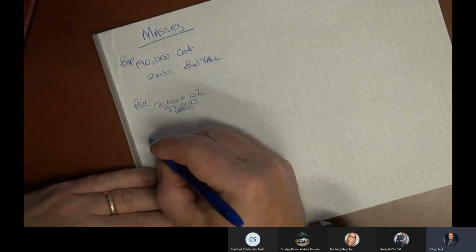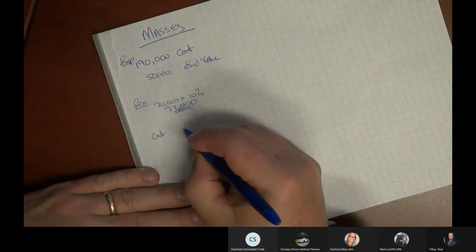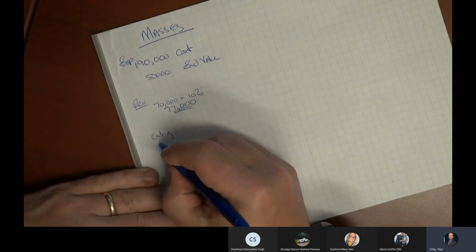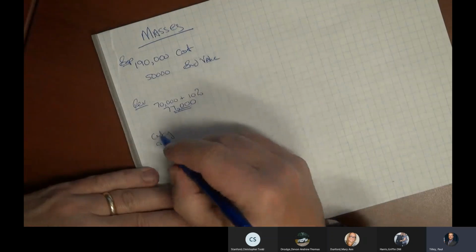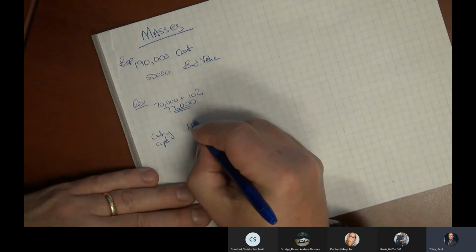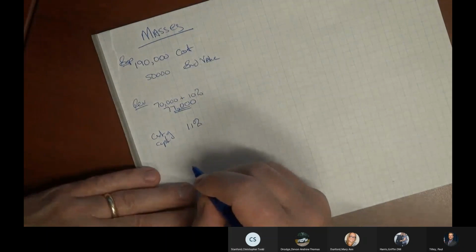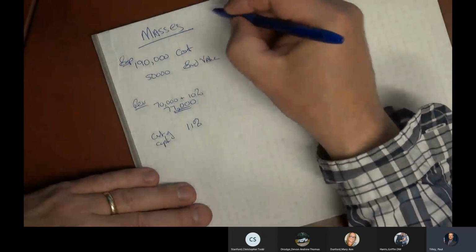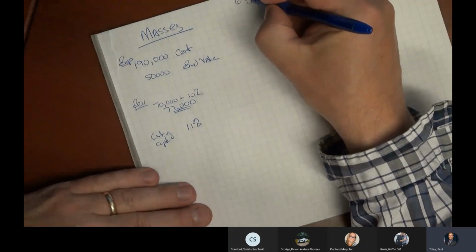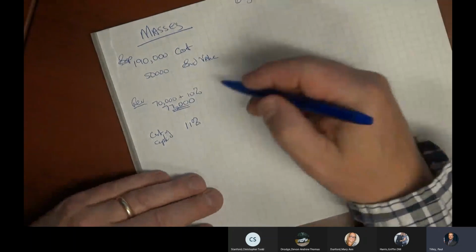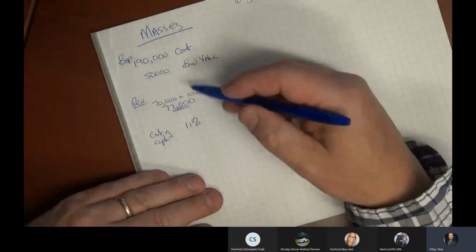And the cost of capital, in the case of Massey, is 11%. Most of these things last for 6 years. So that's the pertinent information for the Massey.